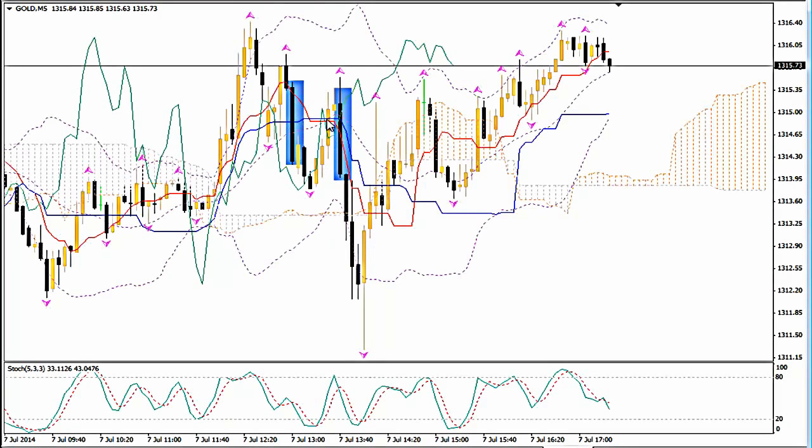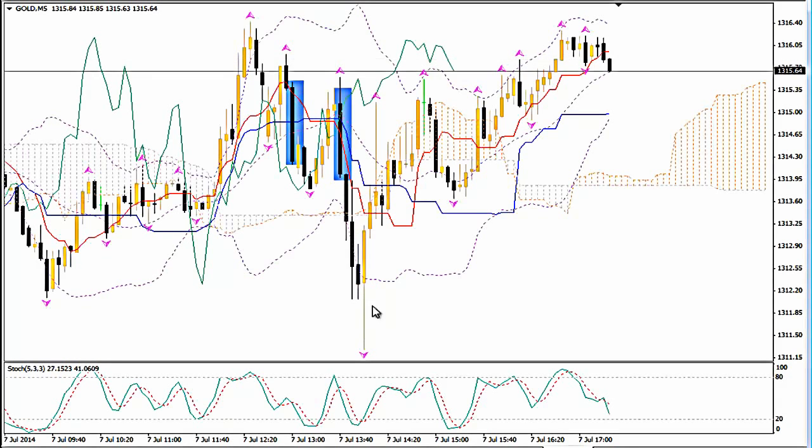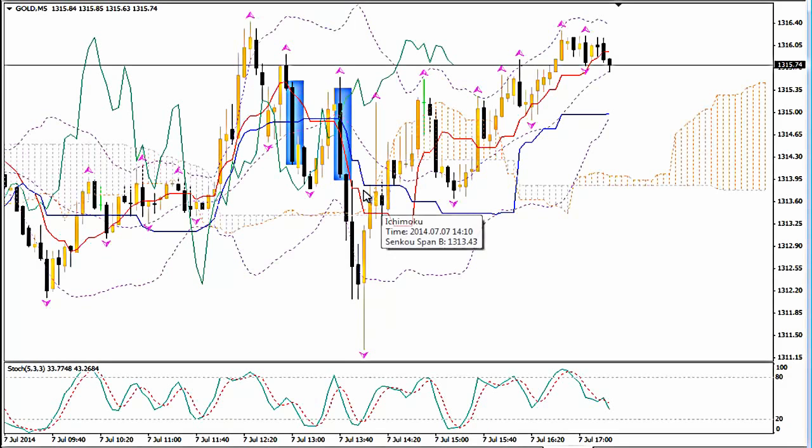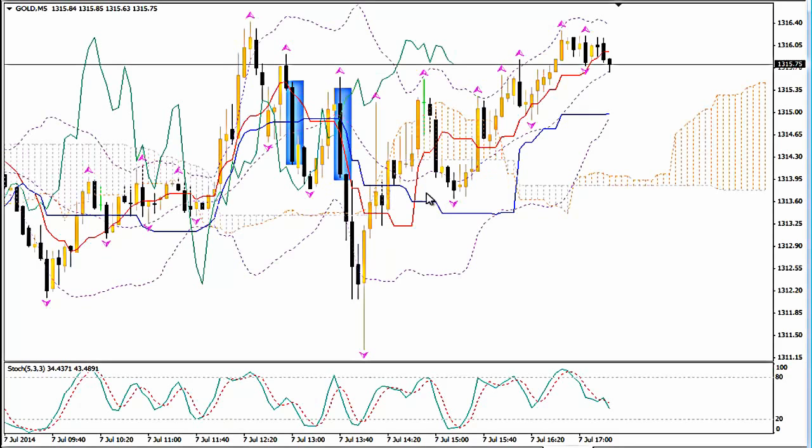So we will wait for this move, the downward move after the bearish price Tenkan-Sen cross, and we will enter when we see a bullish price Tenkan-Sen cross, the opposite, and we will buy. We will go upwards.